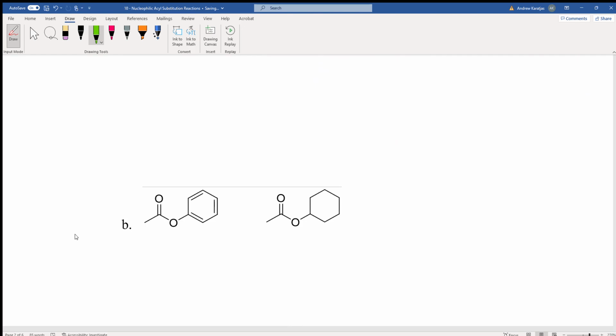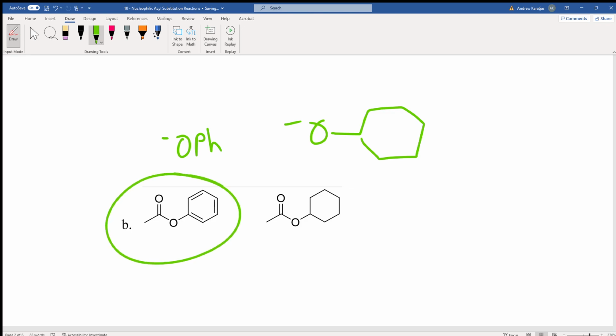According to that logic, same thing in part B. The leaving groups are an O- next to a phenyl ring, so stabilized by resonance, or an O- next to a cyclohexane, not stabilized by resonance. Better leaving group, more reactive carbonyl.